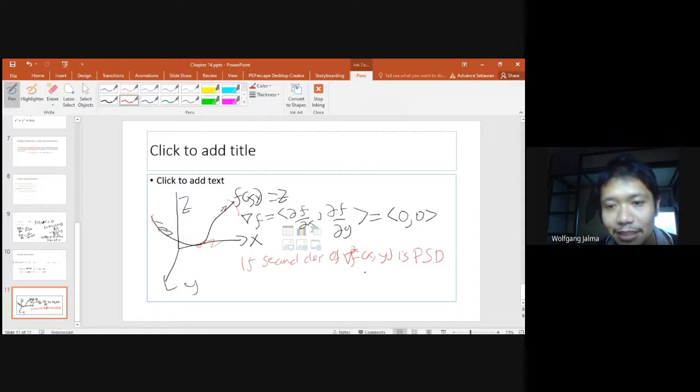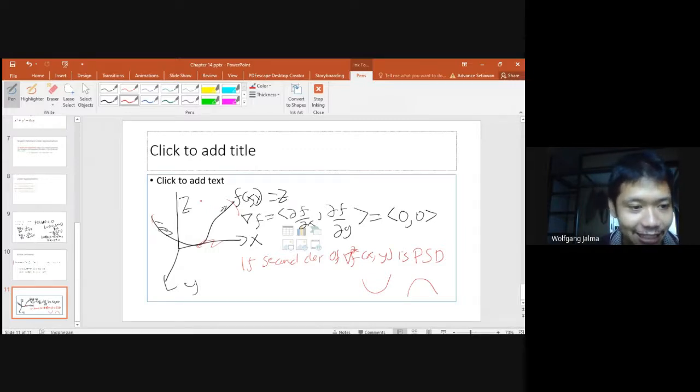So the function is convex. If it is negative semi-definite, it becomes concave. But this material, positive semi-definite, is outside our calculus, so we don't need to care about this. What we need to see is the extreme value and the border.